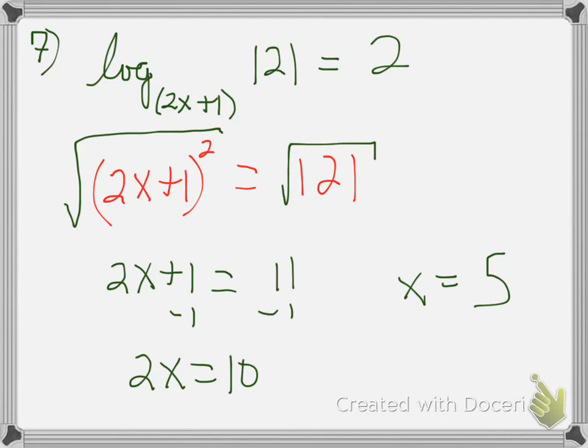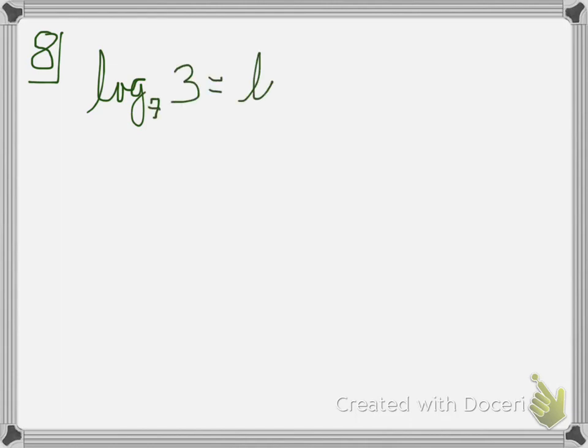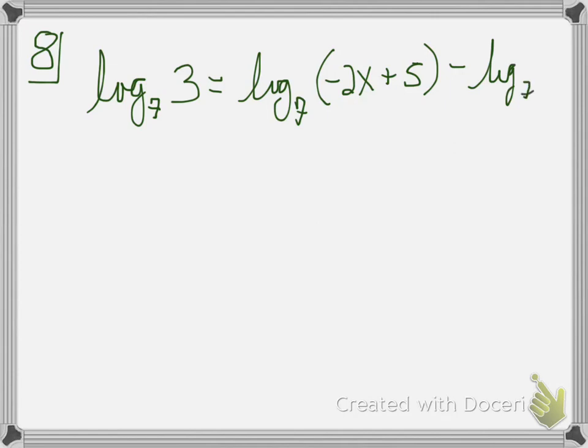So, moving on to number 8. Number 8 has the log base 7 of 3 equaling the log base 7 of negative 2x plus 5 minus the log base 7 of 6.